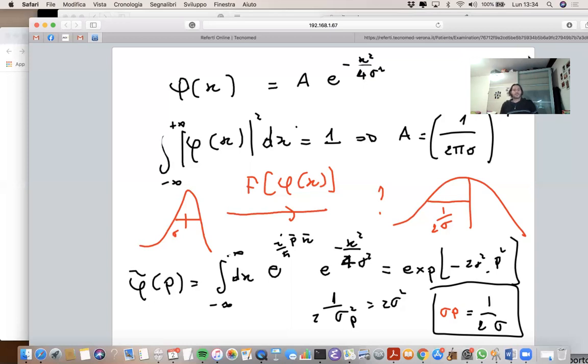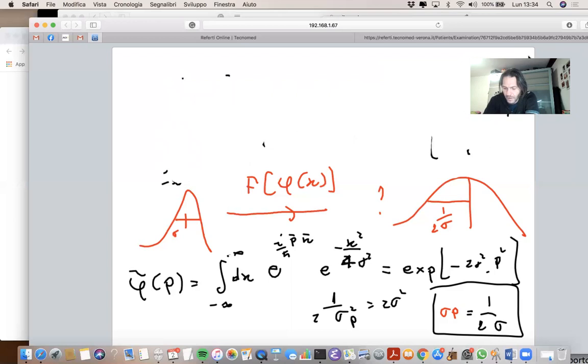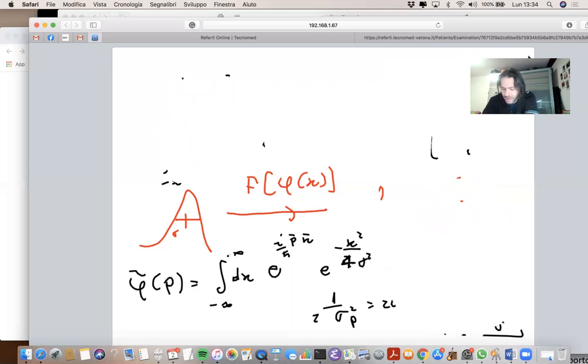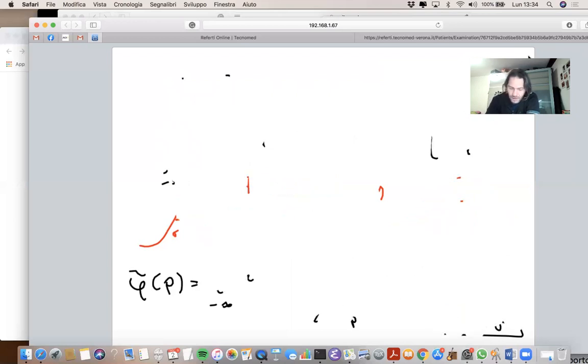So the answer to the question, how do I compute the wave function, the probability in momentum space, can be drawn in the following way. This is one possibility. I take my Schrodinger equation in momentum space, which means I solve this equation.